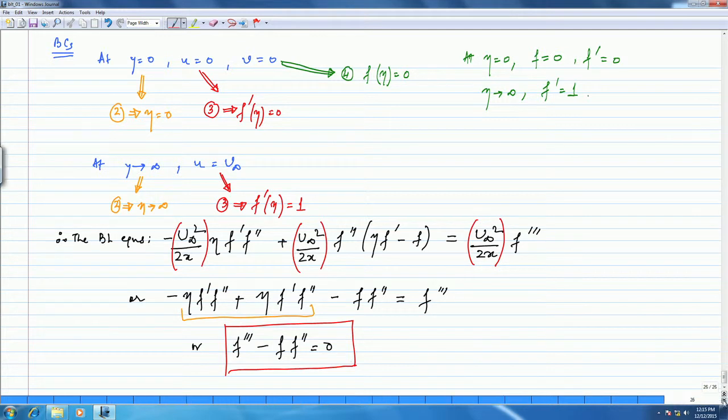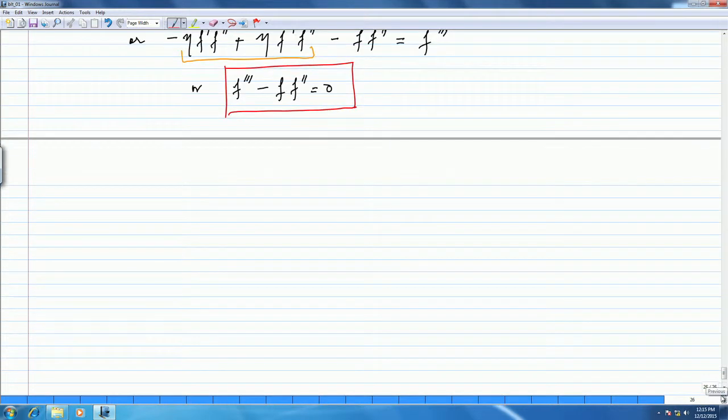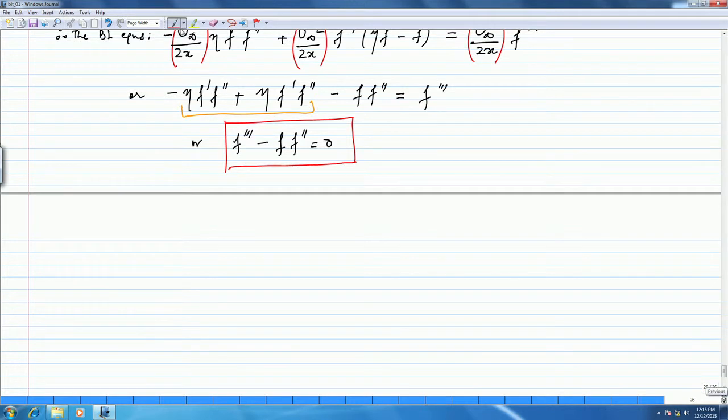Now, because what we have not done so far is the continuity equation. So we've got ∂u/∂x plus ∂v/∂y is equal to 0.